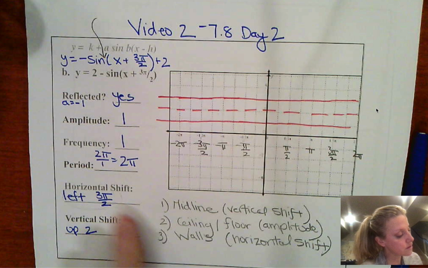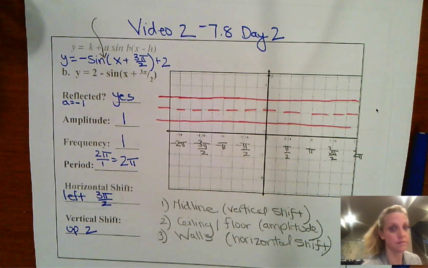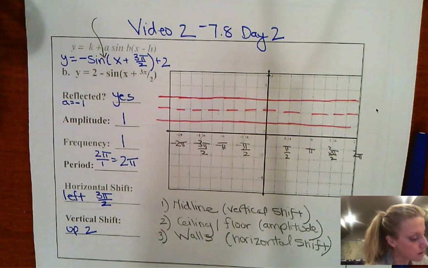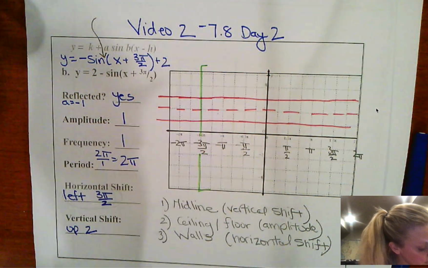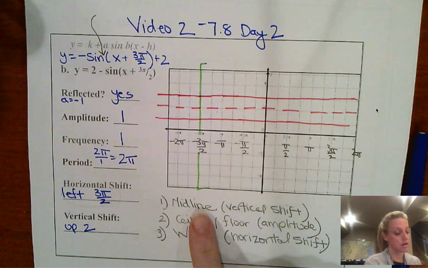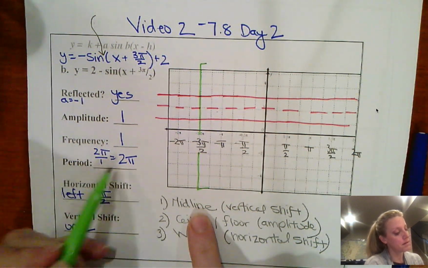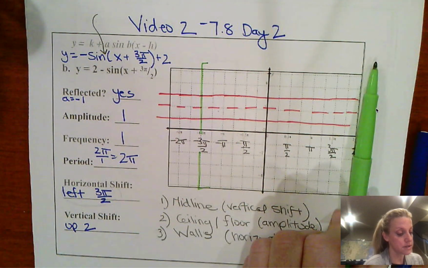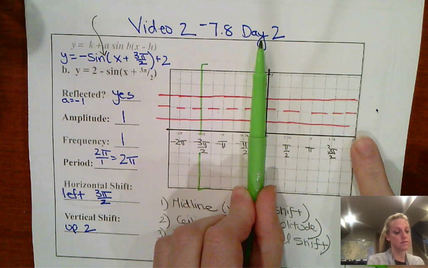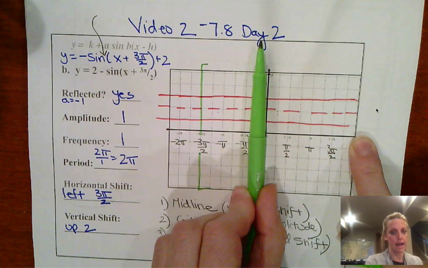Okay, so if we're going to the left 3 pi over 2, that means our wall is right here. That's where we're going to start. But now our period is 2 pi. So it's not going to end all the way at 2 pi. If it had started at 0, it would end at 2 pi. But we shifted.